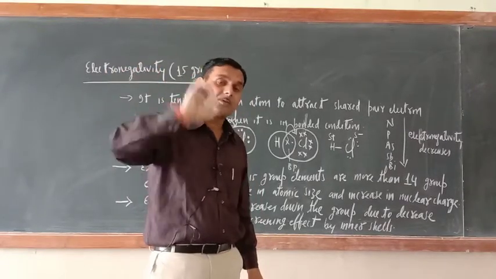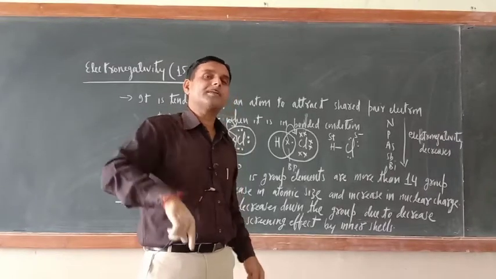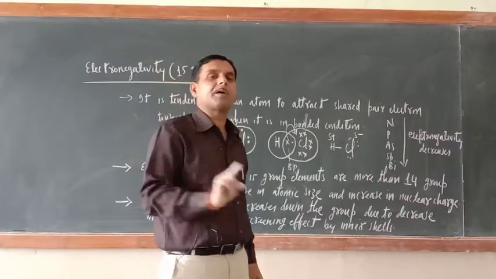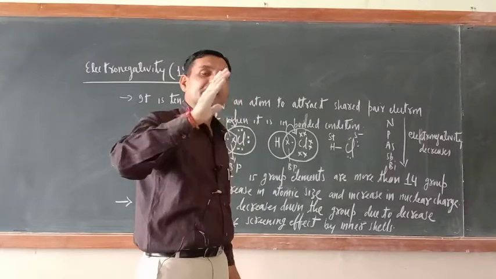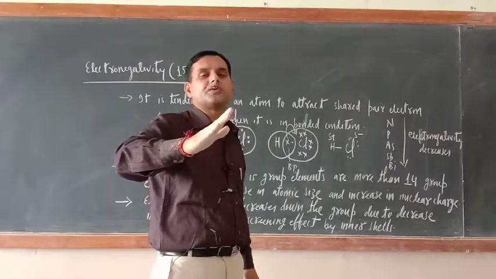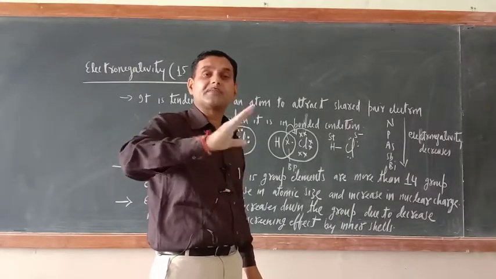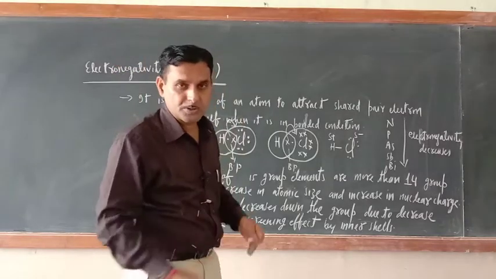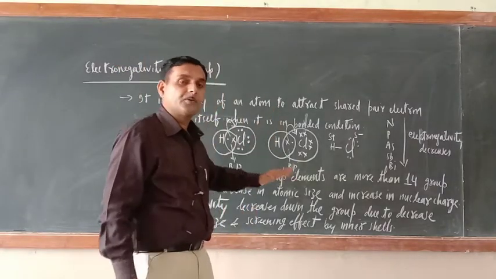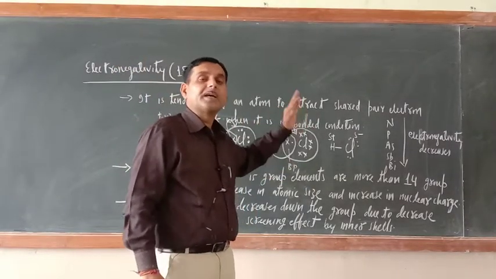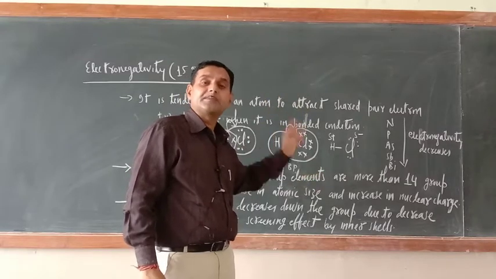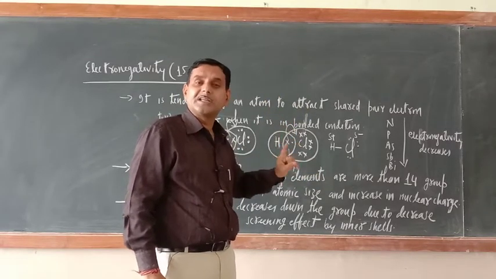Nuclear charge down the group increases only. The only problem is that due to the increase in the number of inner shells, nuclear charge is screened by those inner shells. That is why it will not reach the outermost shell. So in the 15th group, down the group, electronegativity decreases because atomic size increases.